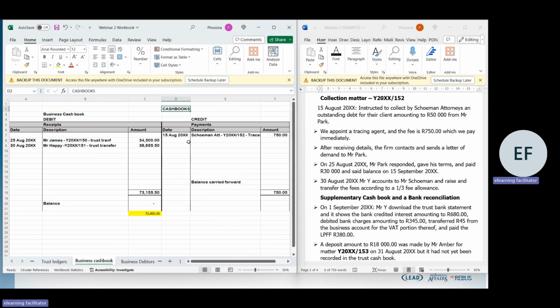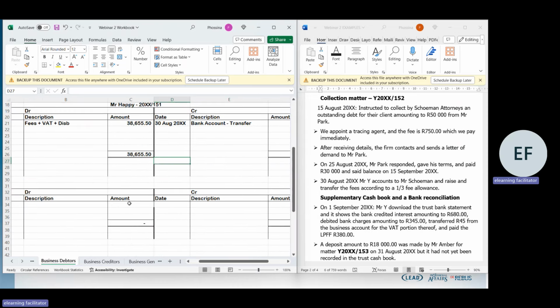And what then do we do? We then go to our business debtors. So Schoeman attorneys will become our correspondent debtor.